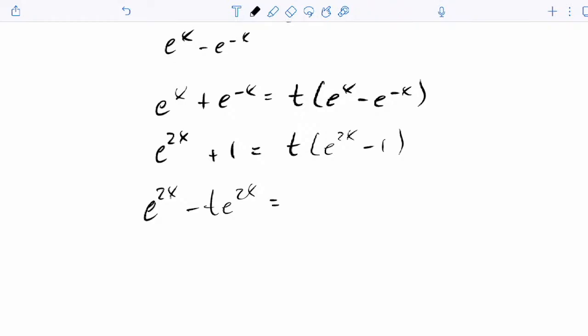Is this good? Are you getting this? Good so far? All right. Divide it out.